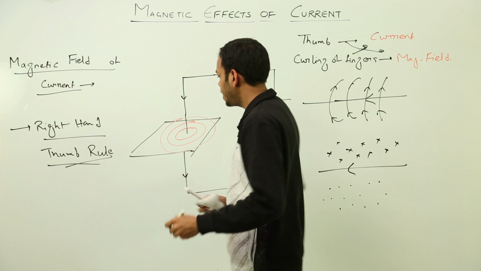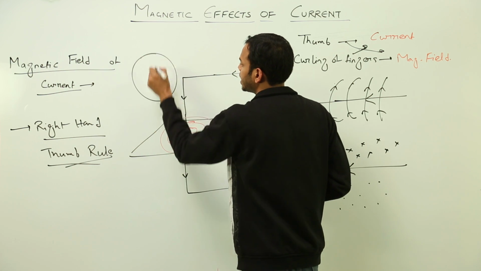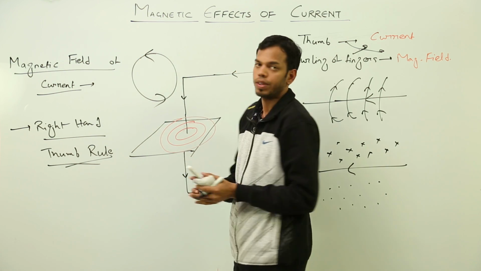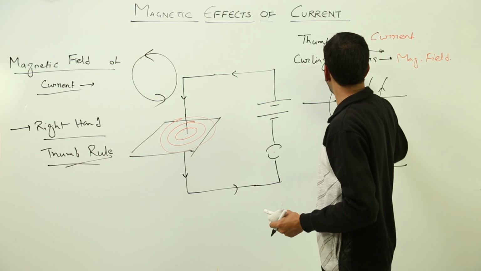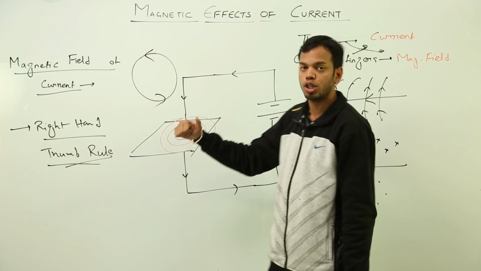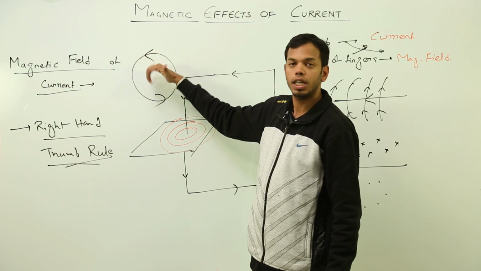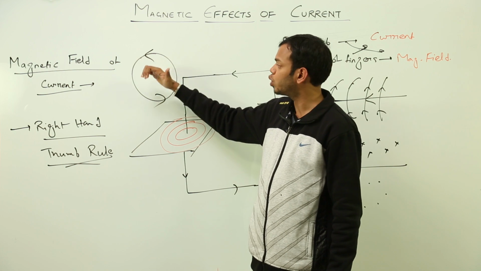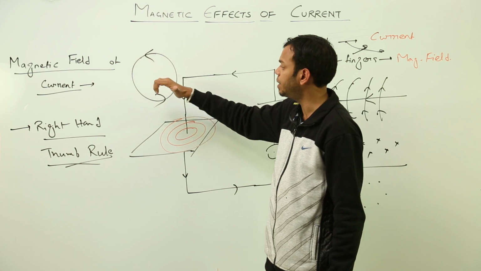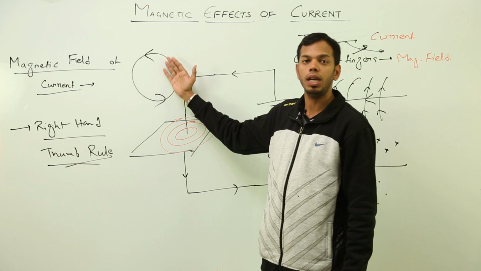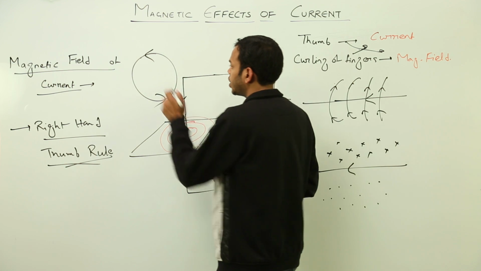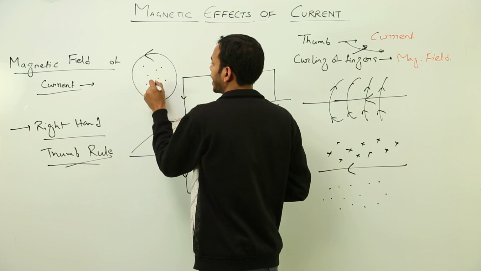How can we see that? Consider a circular loop like this in which current is flowing in this direction. So I'm going to use the curling of fingers in the direction of current. That means the thumb is going to show me the direction of the magnetic field. That means magnetic lines of force are coming out from this region. So there will be all dots, right?